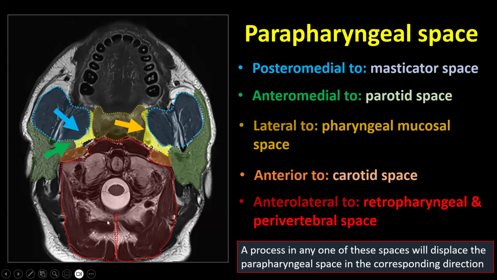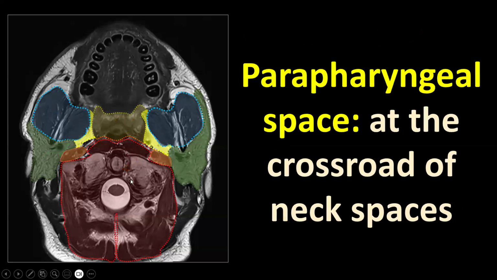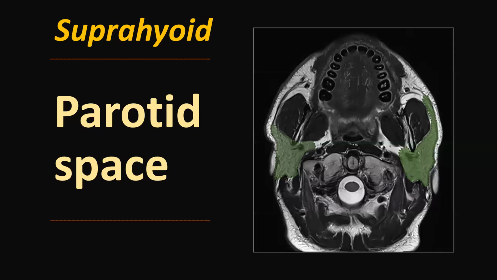It will be displaced laterally by a tumor in the pharyngeal mucosal space, anteriorly or anterolaterally by a tumor in the retropharyngeal or the perivertebral region, and anteriorly by a tumor in the carotid space. So why is the parapharyngeal space so important? Because it's basically at the crossroad of the neck spaces.